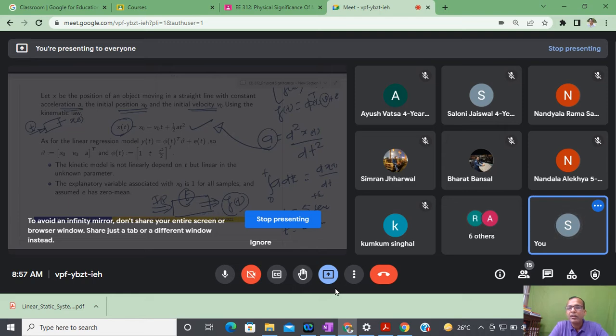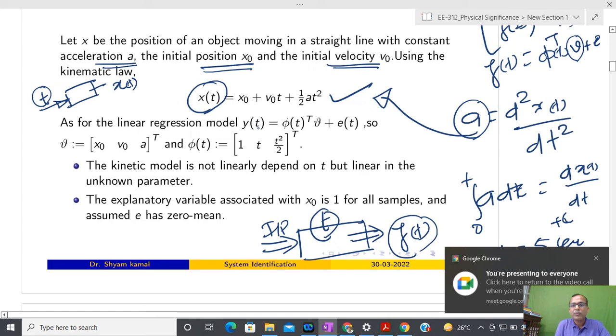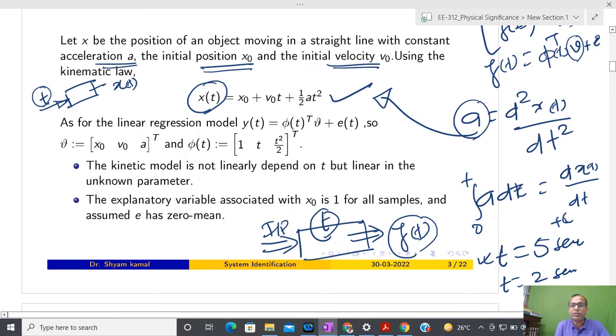Okay, but whenever I started this lecture, at that time what I told, that I am going to use the linear regression. Okay, and due to that reason, now I have to reformulate this problem in a little bit different way. Okay, and you can see here that if I write yt again as xt, but now if I select some kind of new variable, and inside it, if I take this kind of column vector x0 v0 and a, and phi t, if I select like this, now if I see the relationship between this new and yt.